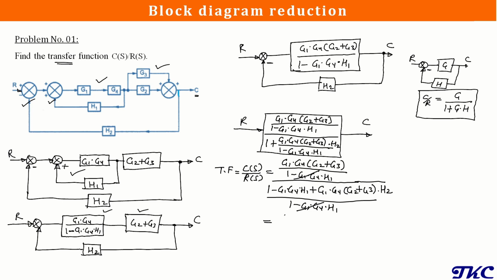So we will be left with G1 into G4 G2 plus G3 divided by 1 minus G1 into G4 into H1 plus G1 into G4 in bracket G2 plus G3 into H2.